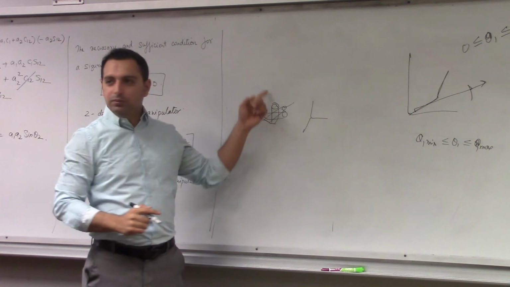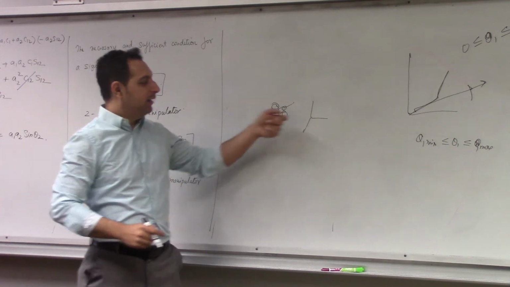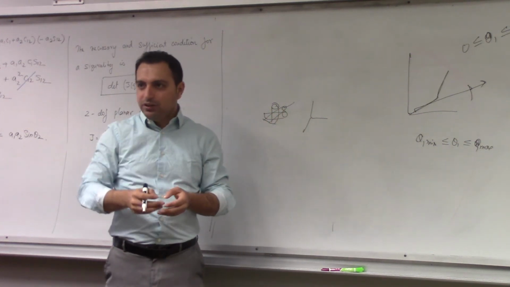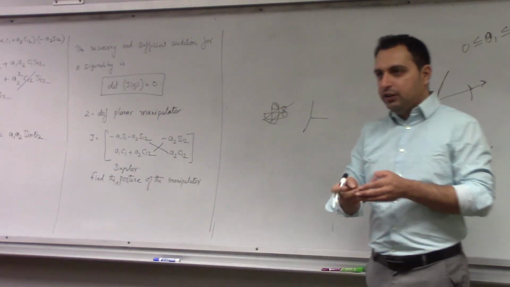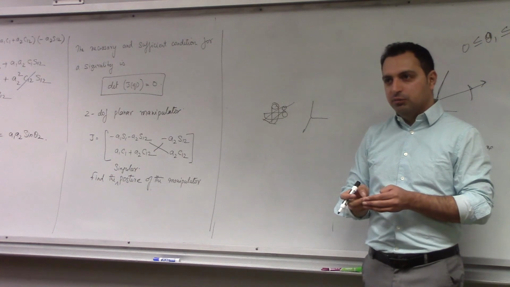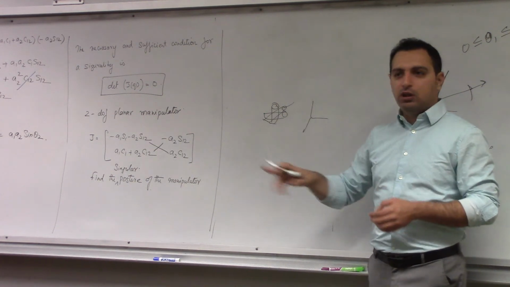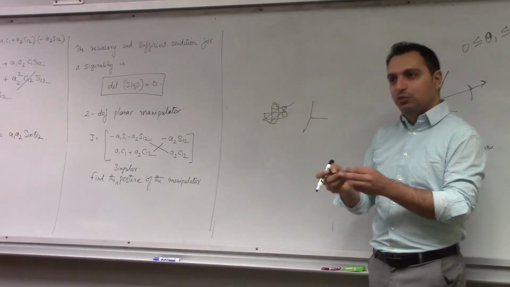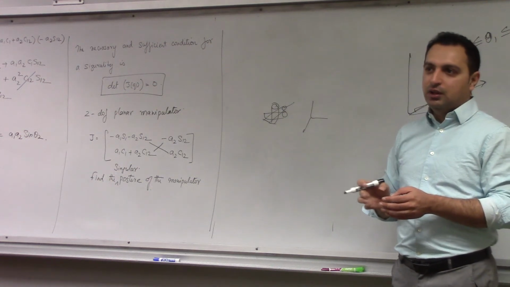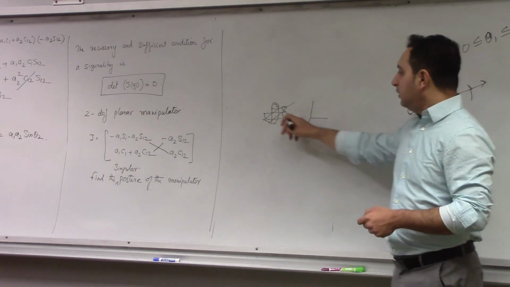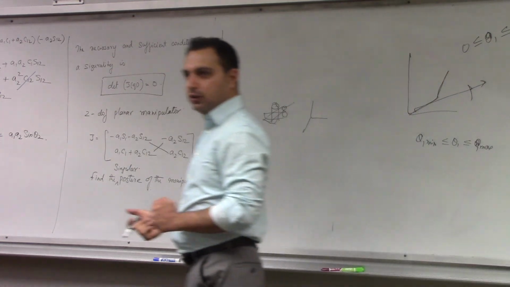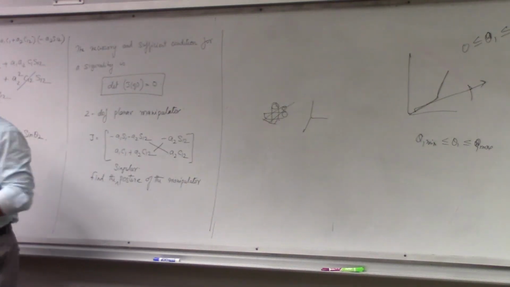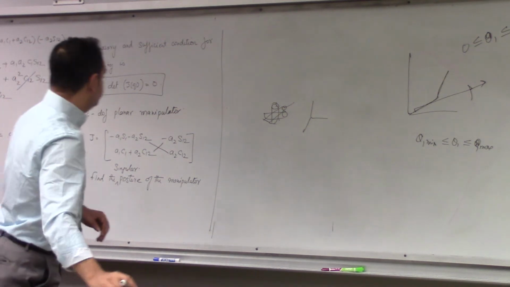But if theta 2 becomes 90, as I showed you, and I'm trying to generate an angle in this direction, it will never happen. My software tells me that I have a spherical wrist that I can move, but you cannot move no matter what unless you change theta 2 and then move it, then you'll change the orientation. But if theta 2 is 90, no matter how much you change the third joint to get a roll, you will not be able to do it. So it's really important to understand what positions you will not be able to generate motion in.